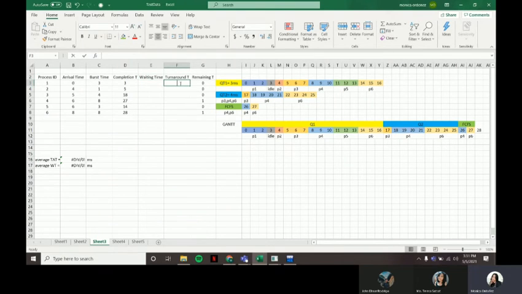For turnaround time, it's completion time minus the arrival time. For waiting time, it's turnaround time minus the burst time.